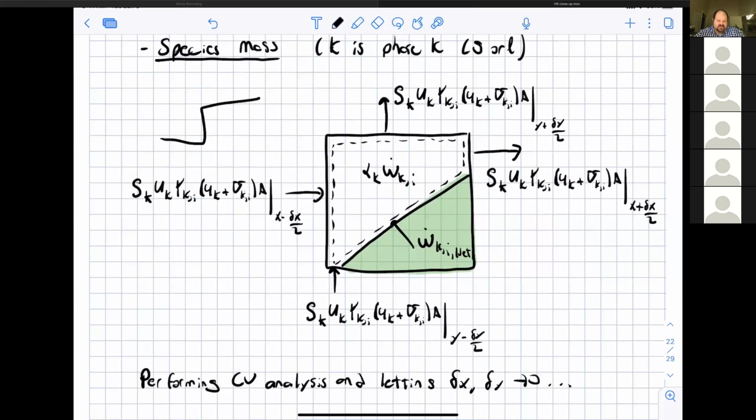That there's some sort of step change. You can choose your control volume here and control volume here, and there's going to be a step change in the volume fraction at that interface. And so basically, you're still going to have that Nozzling term, or you could choose your control volume to be here. So you're always going to have it.